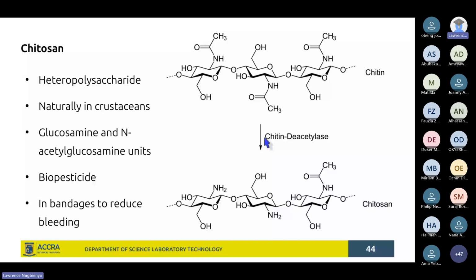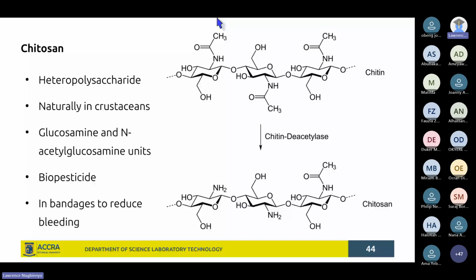You have chitosan, being produced from chitin. So you see, we just saw chitin to be a homopolysaccharide, which consisted of N-acetylglucosamine. So you see, the units you see up there, they all have the N-acetyl group, because you see that amine group has now conjugated with the acetyl group up there.